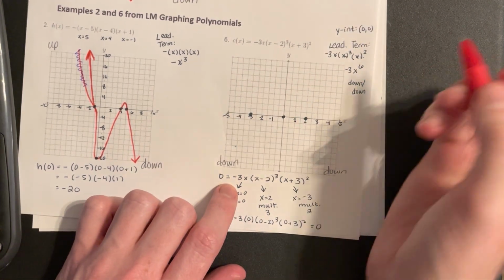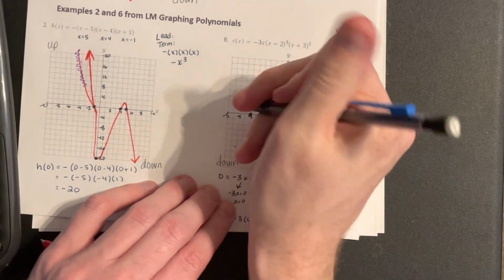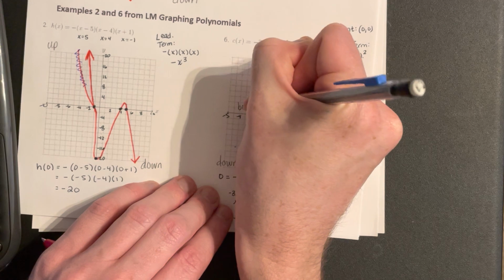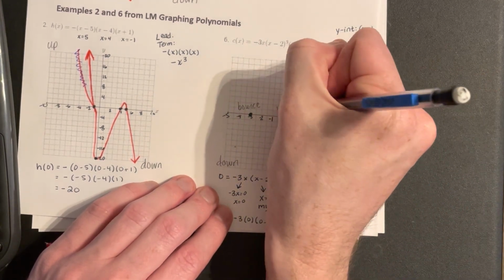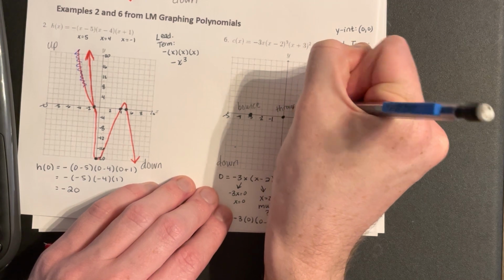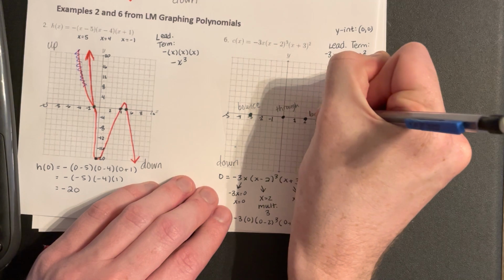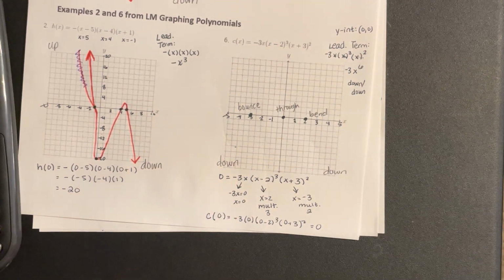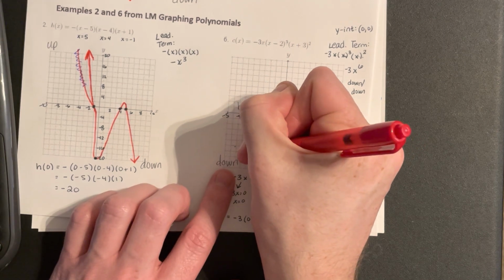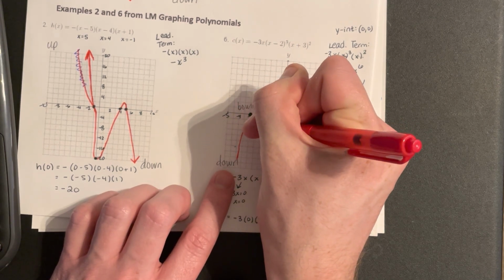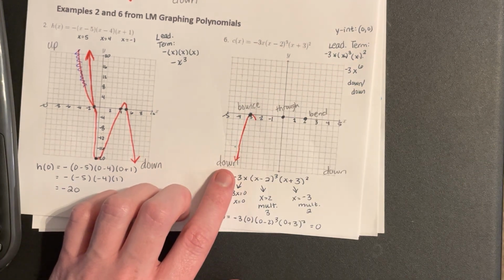All right, at negative 3, what it does is bounces because it's a multiplicity of 2. So there should be a bounce at negative 3. It should go straight through 0, and it should bend or wiggle through positive 2. So I'm going to come from down below and bounce off the x-axis at negative 3.